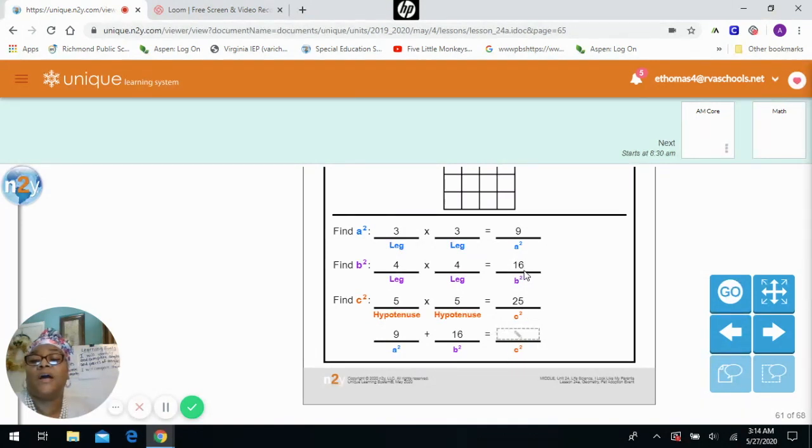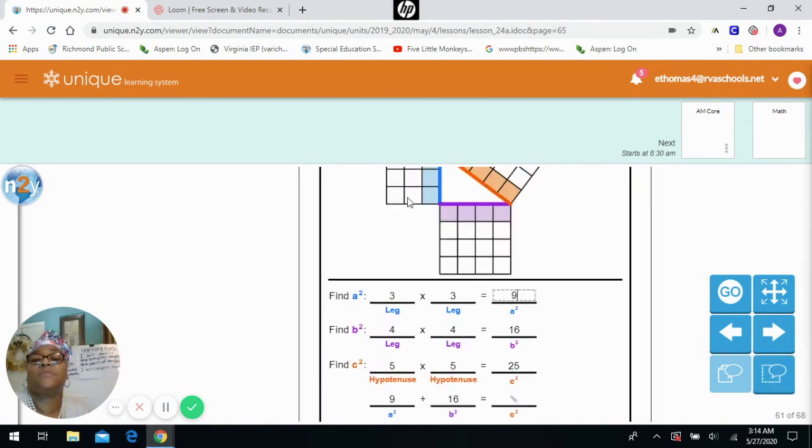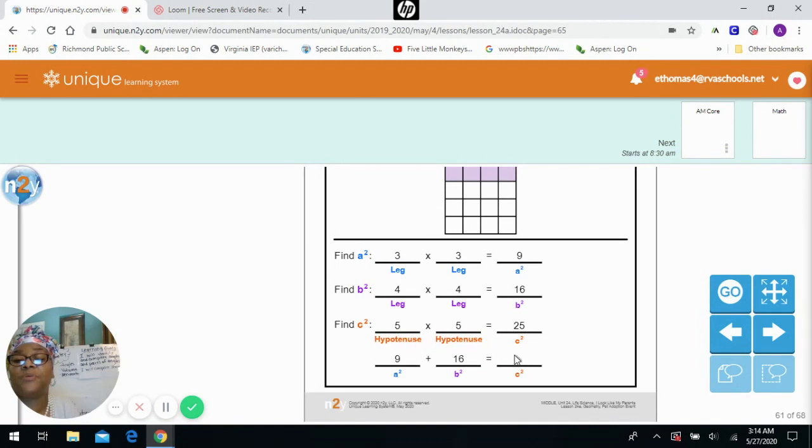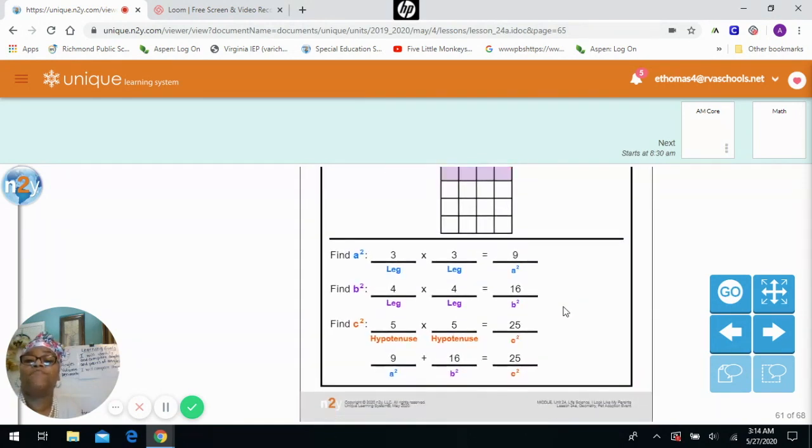So we have 16. Let's go to the 9. 16, 17, 18, 19, 20, 21, 22, 23, 24, 25. So the hypotenuse is the equivalent. So that equals 25. Okay, y'all got it? So that's what that is.